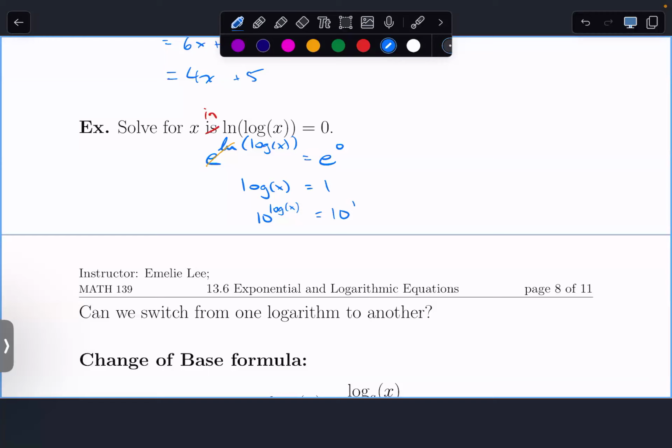As long as I do it to both sides of the equal sign, the equality remains. So now, again, by the cancellation property, 10 to the log base 10 of x is just x. So then here, x is 10 to the power of 1, which is just 10.